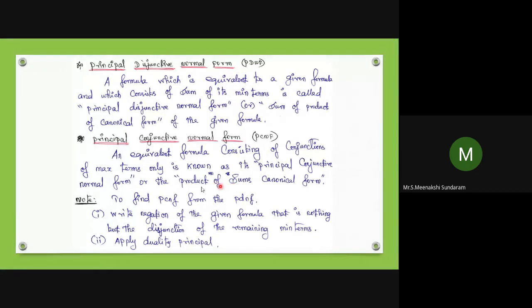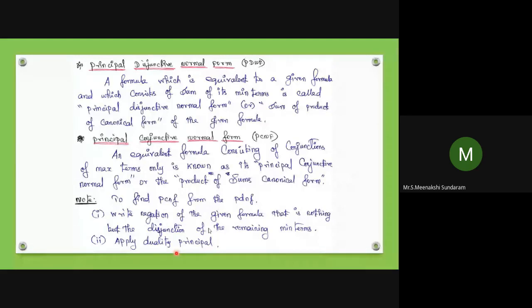Note, to find the PCNF from the PDNF, you should first find the PDNF. Sometimes the question asks to find the PDNF for the following statement and hence find the PCNF, meaning you use this formula only. Don't go for a step by step PCNF. When the question says "and hence", after the PDNF, using it, we can write the PCNF.